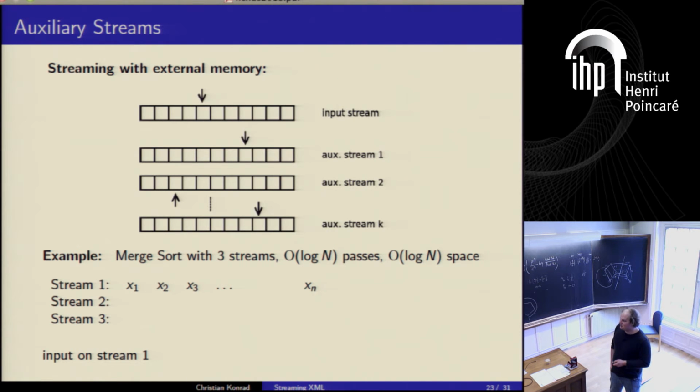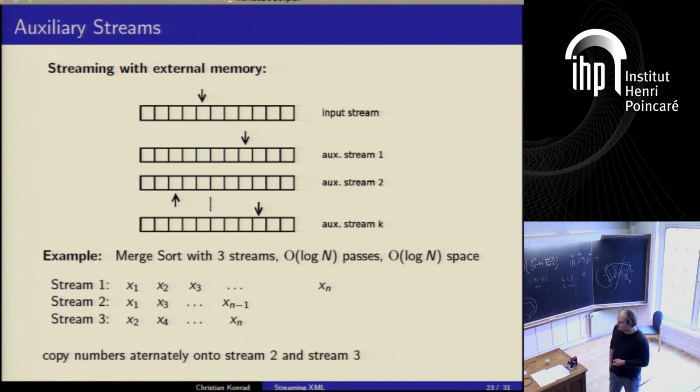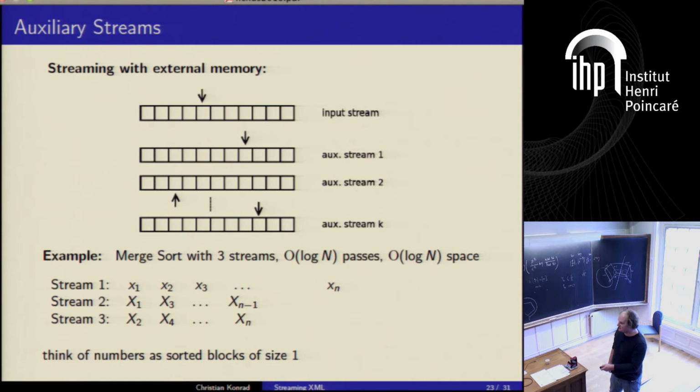So for instance, we want to sort here the sequence x1 to xn. Well, what you do is you run over the stream and you alternately copy them on stream 2 and stream 3. You just basically alternate here. And then you just run over stream 2 and stream 3 and you merge them together in the right way so that x1 and x2 will be sorted. So we would get a block of x1, x2 that is sorted.